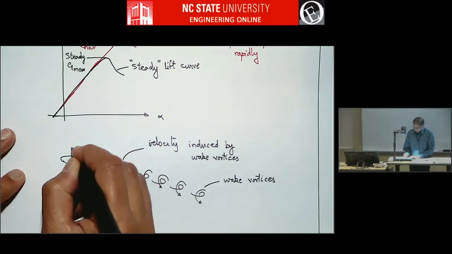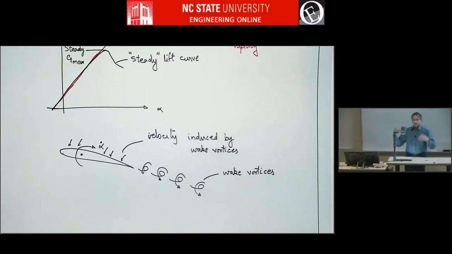So there's all this induced velocity, and it will reduce the adverse pressure gradient. So the boundary layer will stay attached to a higher angle of attack. Stall occurs because of adverse pressure gradient: the boundary layer can't go through the adverse pressure gradient and it separates.